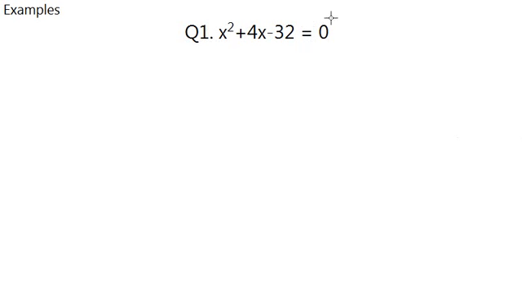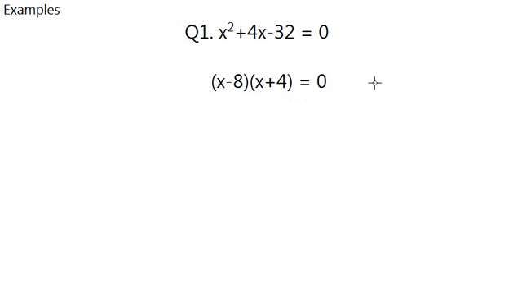It doesn't matter what the right hand side is, just factorize the left part, which is x squared plus 4x minus 32. It should take you about a minute or so. You can pause the video, but I have done it, and after factorizing you'll get x minus 8 multiplied by x plus 4 is equal to 0.